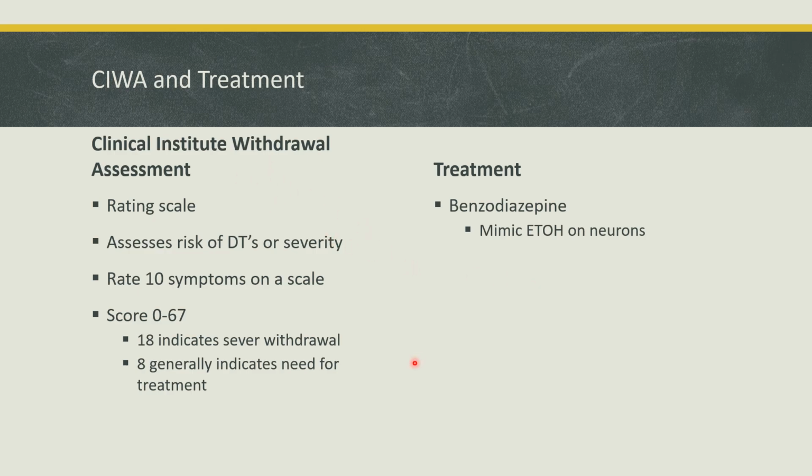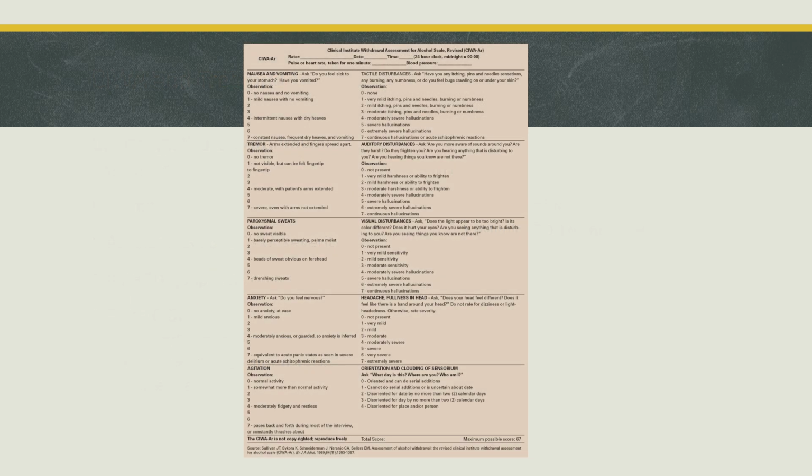We do 10 symptoms on a score of 0 to 67. If they are 67, we are not doing great. The higher the score, the worse the withdrawal is, and the higher the risk of morbidity for these patients. And so here's a CIWA. It's really hard to see, but we assess for nausea and vomiting on a scale of 0 to 7.